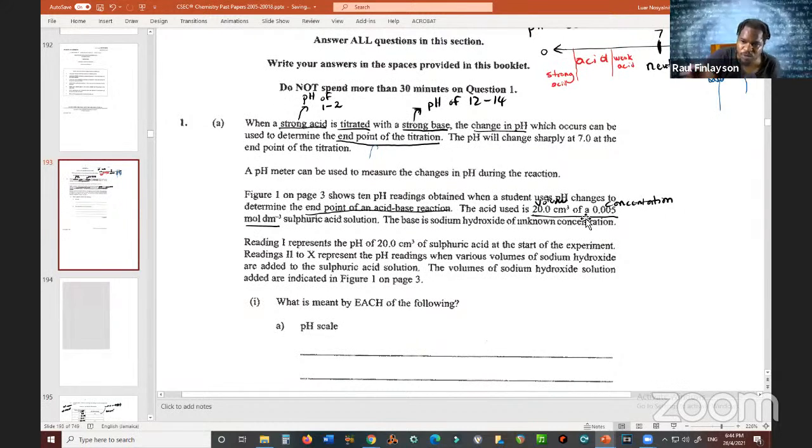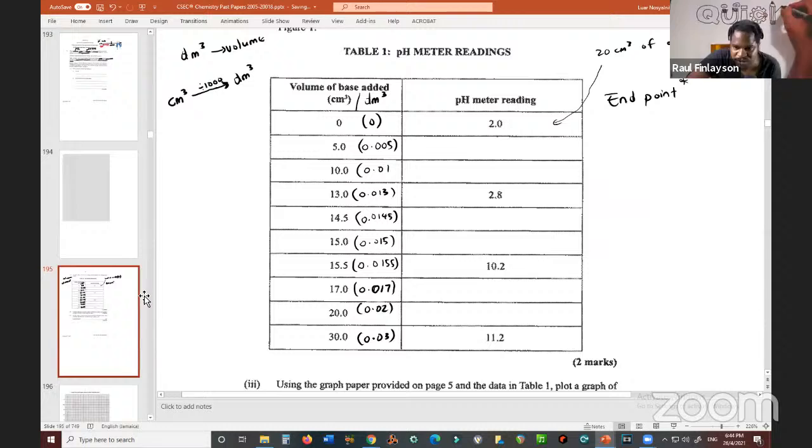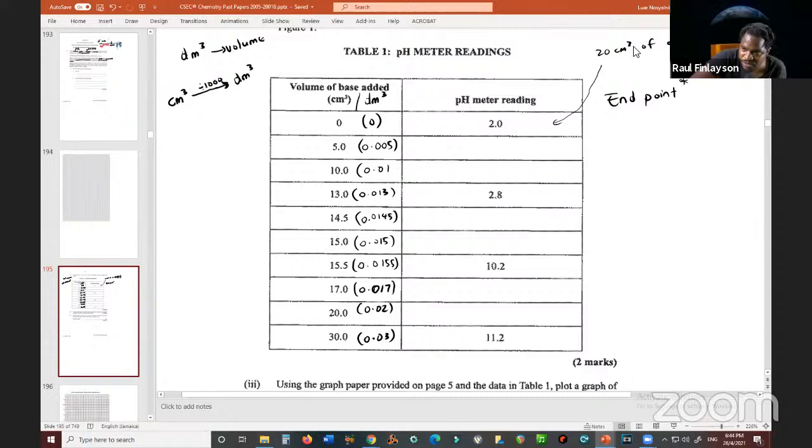So they're telling you how much acid they start with. The acid is 20. But what's happening in this experiment is that they are slowly adding the base to match up with this 20 cm cube of acid. So they check it at 0, then they check it at 5, and this is the volume being added now. Remember that it's 20 in the acid.